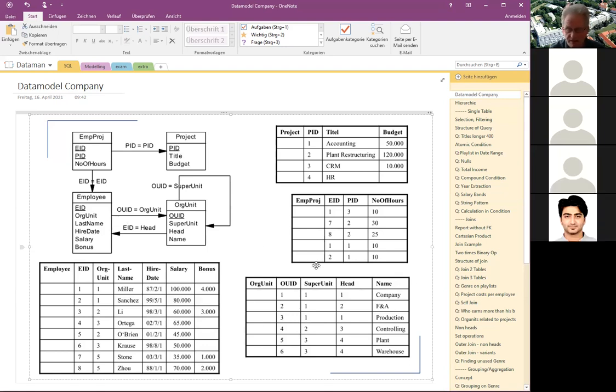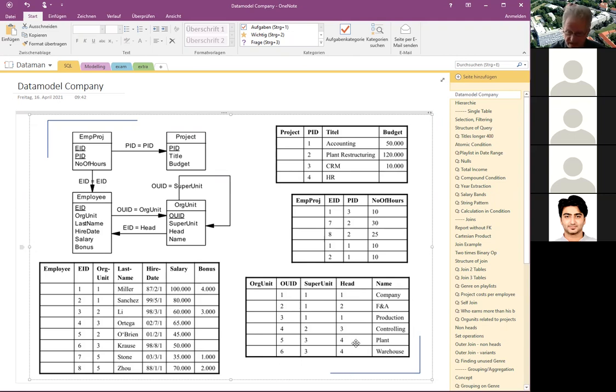Since, Professor, excuse me. So the head of plant and warehouse are the same. Yeah, that's a good observation. And if you look at that arrow here, and you know that an arrow is a one-to-many relationship, you see each organizational unit has only one head, but the same employee can serve as a head for more than one org unit.